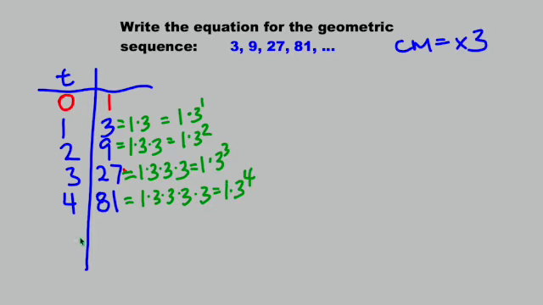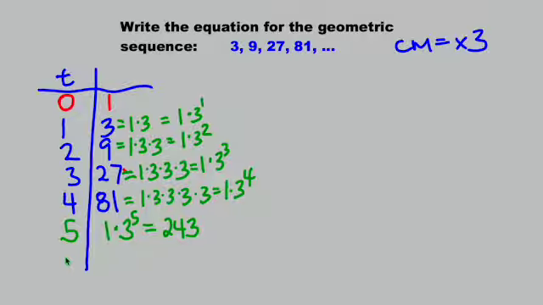So if we wanted to figure out our next one, which would be term 5, this exponent here coincides with the term number, so therefore it's going to be our initial term of 1 times our common multiplier raised to the 5th power. Now 3 to the 5th power happens to be 243 times 1, so that would be our answer right over here.